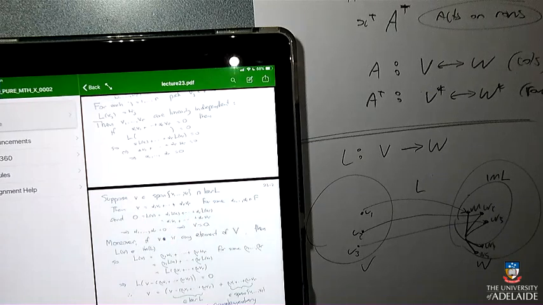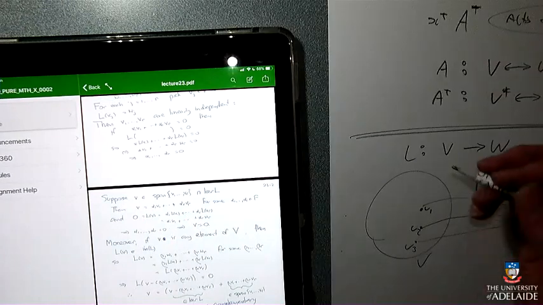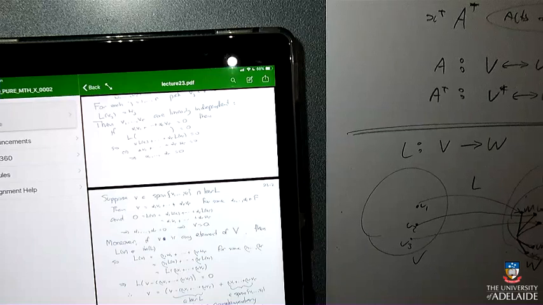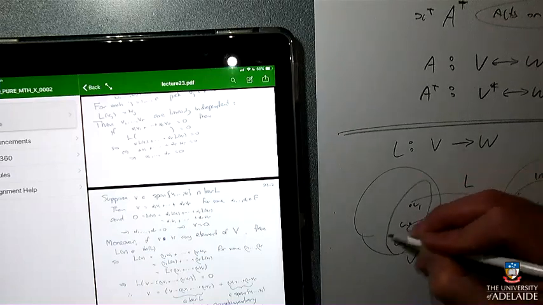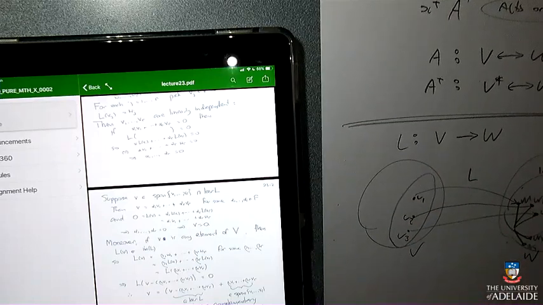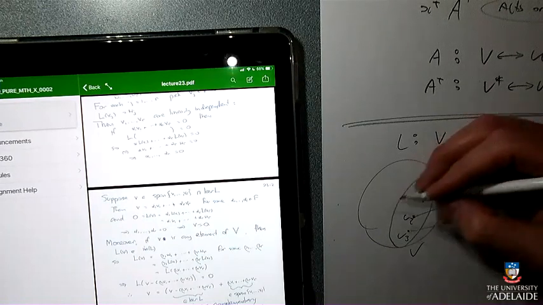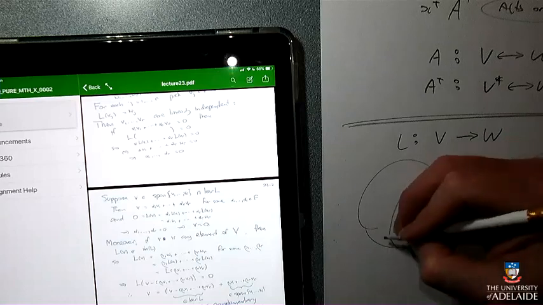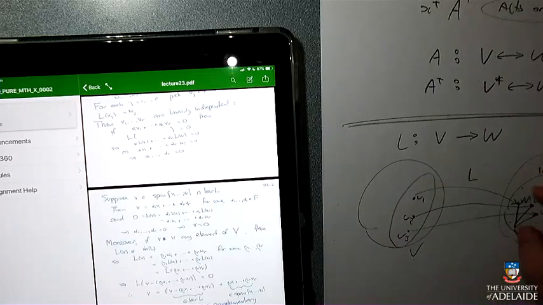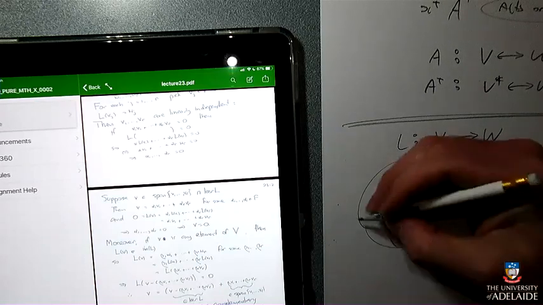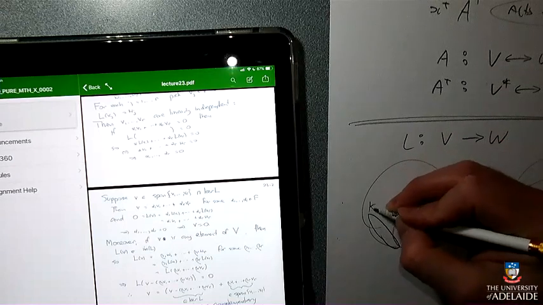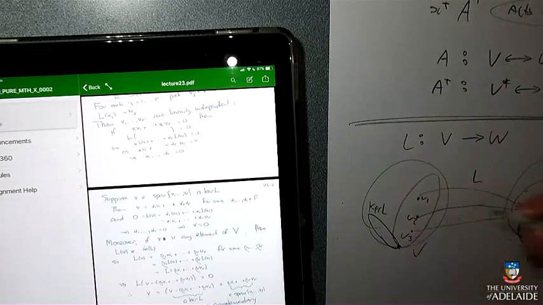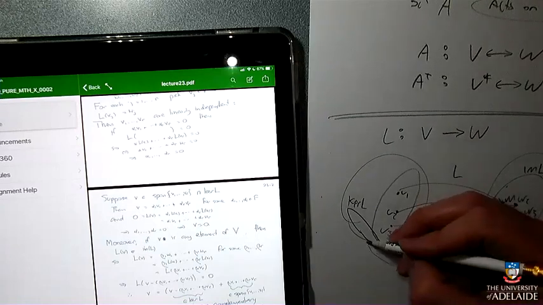Okay, so over here, span them, and then anything in the kernel of L won't be here because these ones weren't 0 afterwards. So the kernel ends up here at 0. Beautiful. Okay.